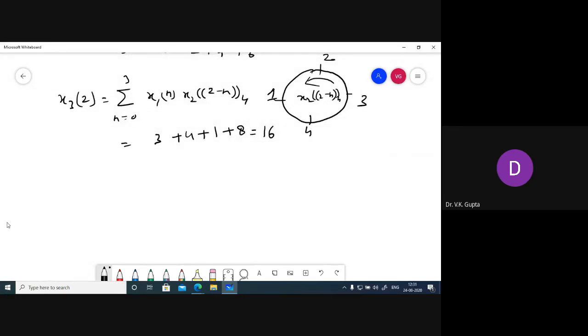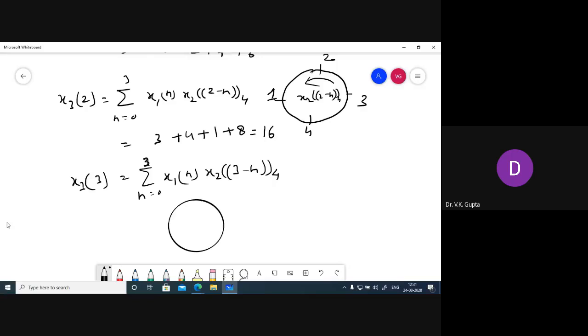Then again, the next value, x3(3). Sigma n equal to 0 to 3, x1(n) x2 of (3 minus n) modulo 4. So x1(n) in the positive direction is 1 2 1 2.